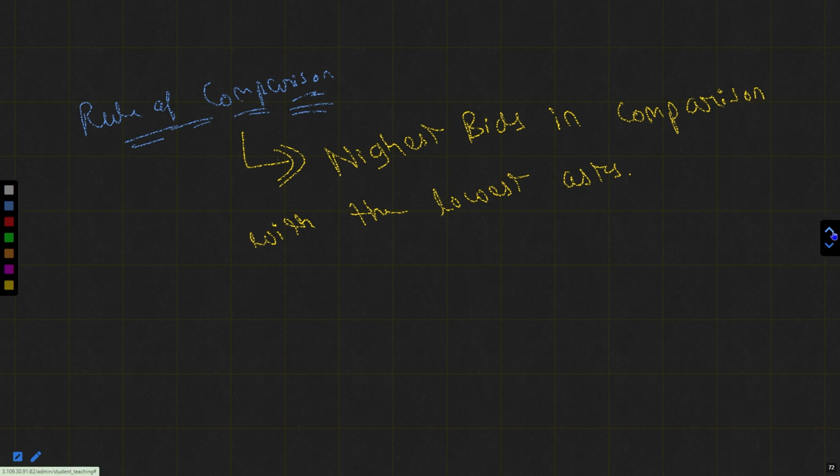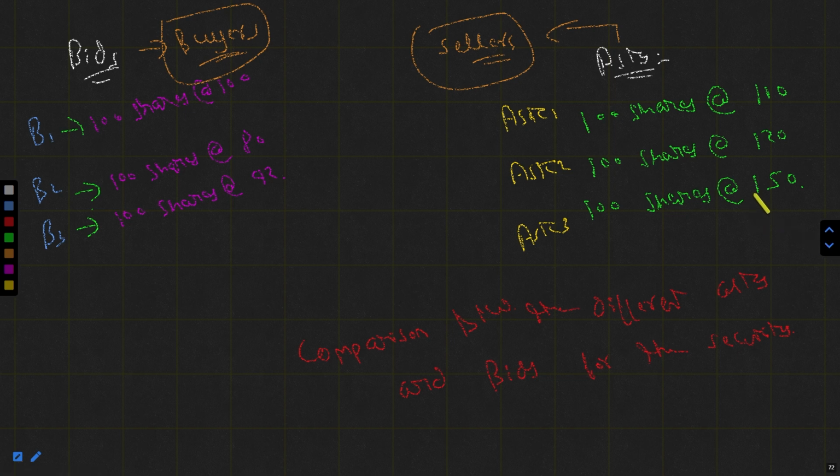So if we go by this rule, now see what the picture is. First of all, we have to look at the bid prices so that we can find the highest bid. Seeing this, we have highlighted 100 shares at 100. This is the highest bid. Now we are required to look at the lowest ask. The lowest ask is 100 shares at rupees 110.